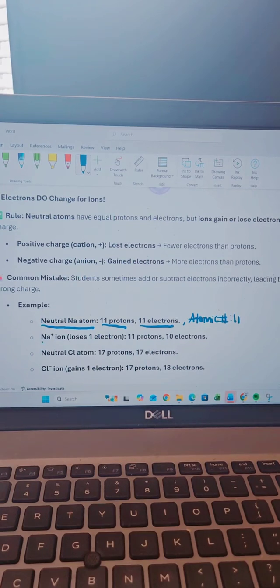However, if I say the sodium ion, because of that +1 charge, you're going to lose 1 electron. So that means instead of saying 11 electrons, I now have 10 electrons. I still have 11 protons. My atomic number is still 11, but the electrons is what changes. Okay? The electrons is what changes.